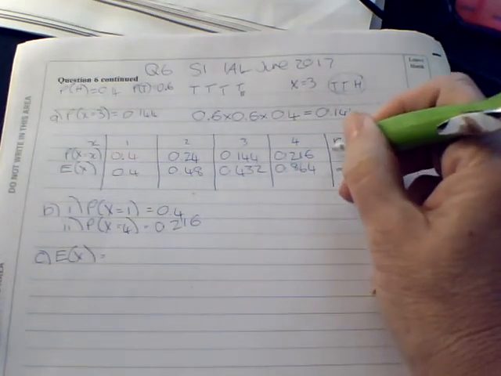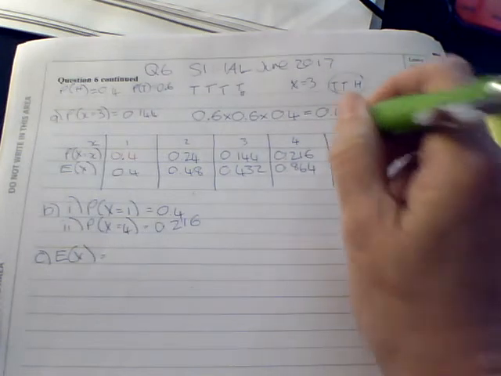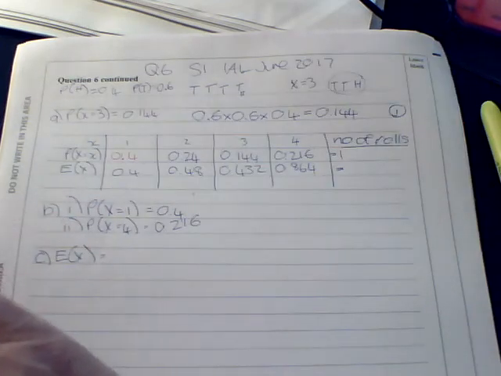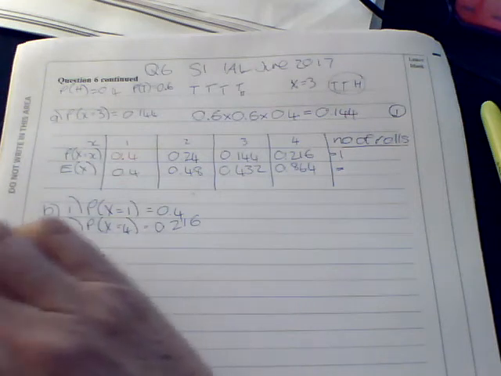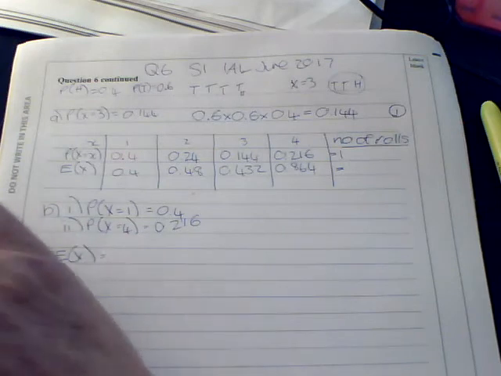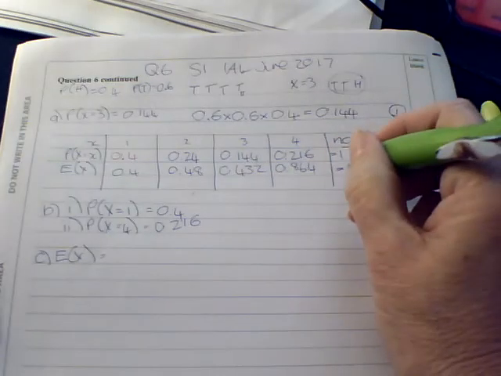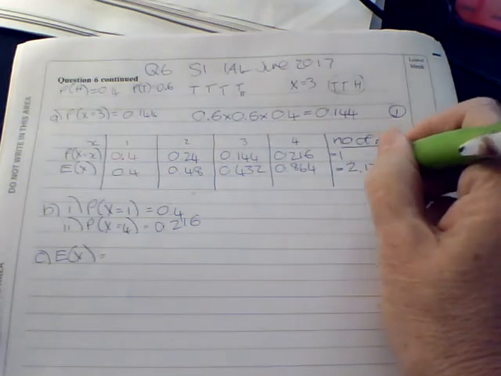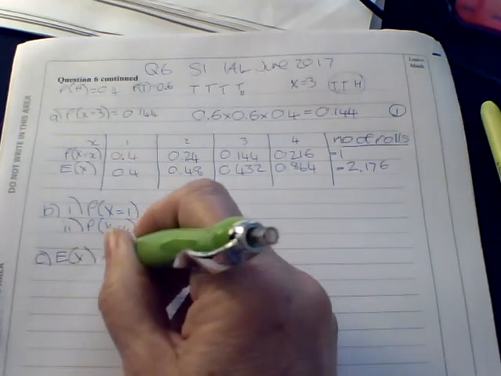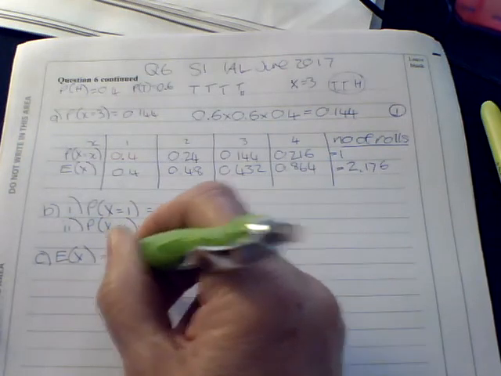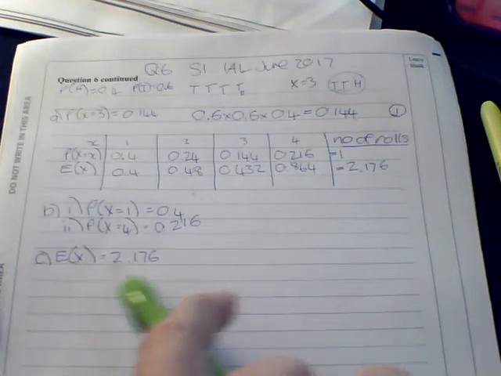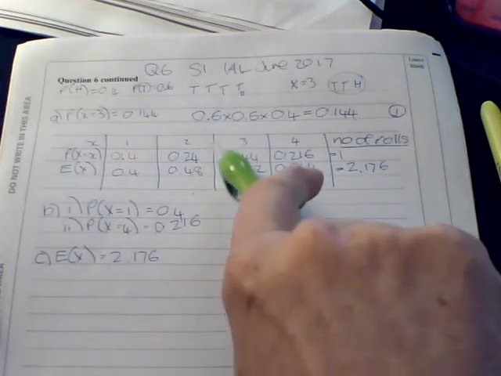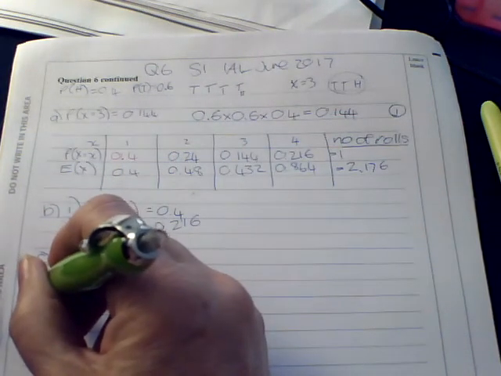Add them all together: 0.4 plus 0.48 plus 0.432 plus 0.864 equals, and I make that 2.176. Does this make sense? The expected number of times we are going to roll the dice is just over 2 times. And it is within my range of 1 to 4, so I'm going to assume that's a pretty good guess.